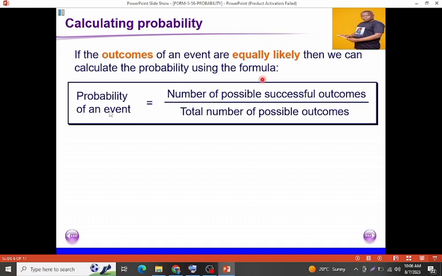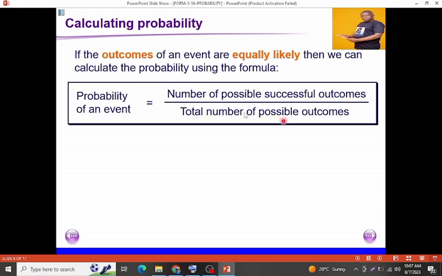If the outcomes of an event are equally likely, then we can calculate the probability using this formula here. Probability of an event, for example, tossing or flipping a coin. A coin has two faces, heads or tails. It is equal to the number of possible successful outcomes divided by the total number of possible outcomes.